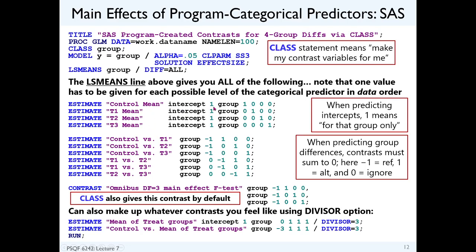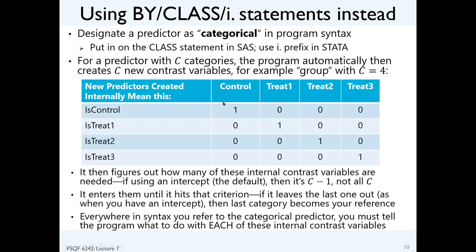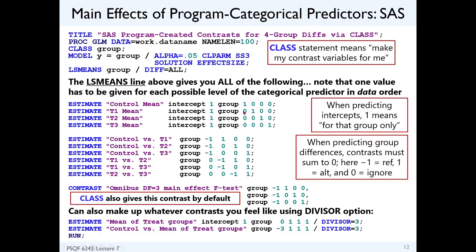So if the intercept is in the model, to get the mean for the control group, you would put a 1 here that corresponds to this table right here that it is creating internally. So you would turn on the internal programming variable that corresponds to that group's identification. So control 1, 2, and 3 here.